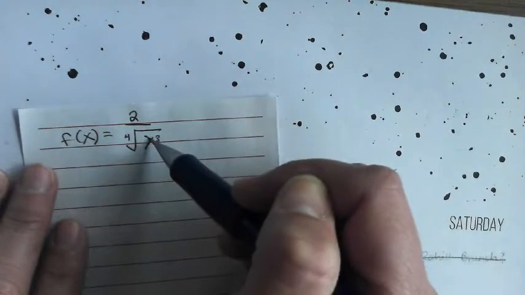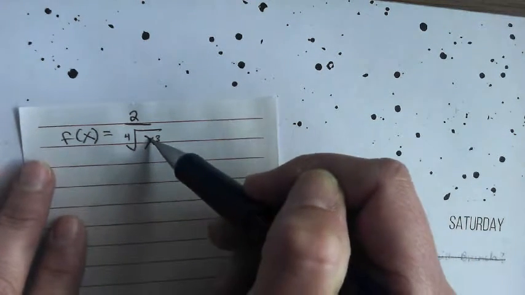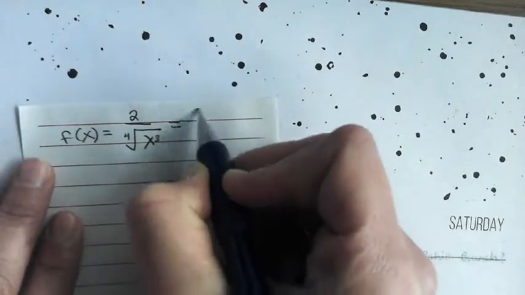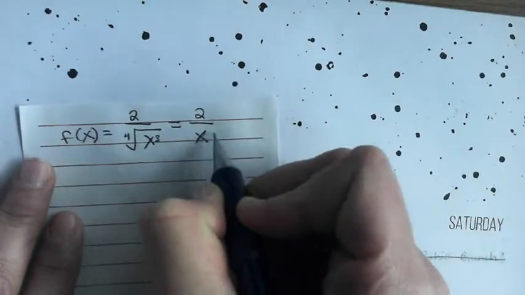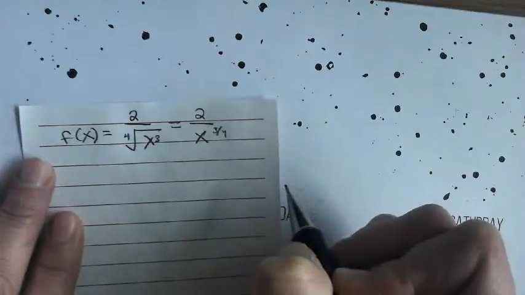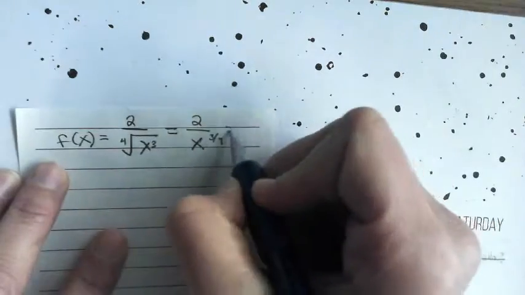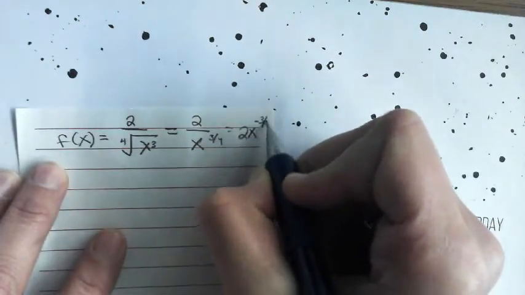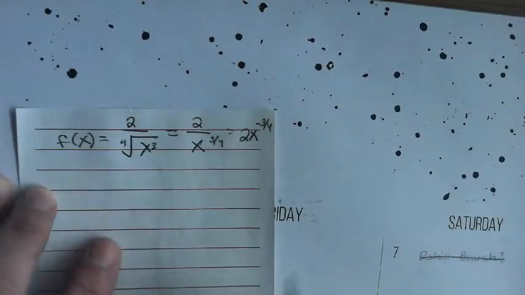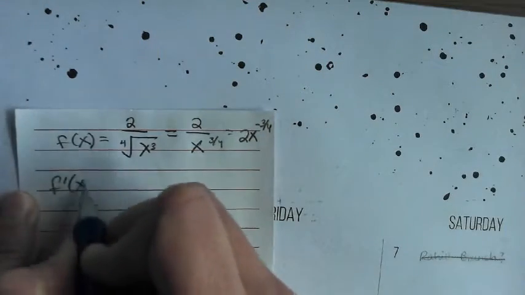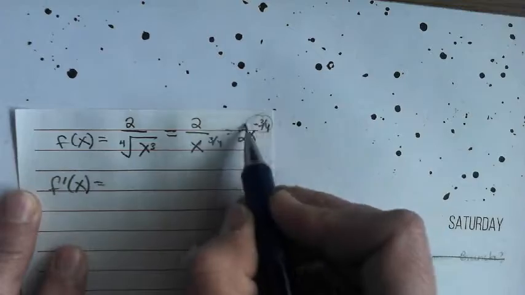Well, no, we have to find the derivative first. So this function first can be rewritten as 2 over x to the 3/4. With me there? Which is 2 times x to the negative 3/4. Now we can use the power rule. Bring your negative 3/4 out in front.